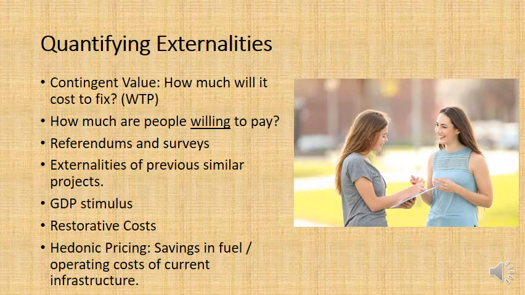Now, quantifying externalities, just a final thing I want to say is that there are lots of different ways of quantifying externalities. And in a feasibility report, it's very important to explain how you're quantifying the externalities, why you think it's worth that, why you've placed that dollar value for each external.